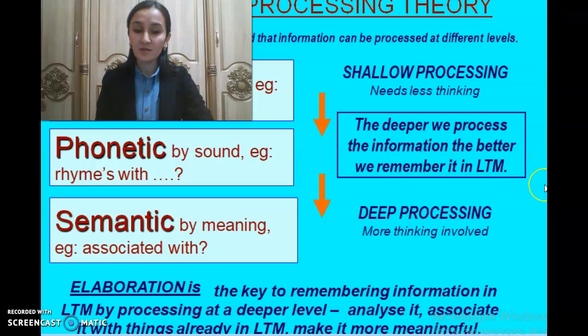Then we will continue with elaboration. What is elaboration? At first I will read as usual, and then I will try to explain, okay? Elaboration is the key to remembering information in long-term memory by processing at a deeper level. At first you will analyze it, then you will associate it with things you already have in your long-term memory and make it more meaningful.